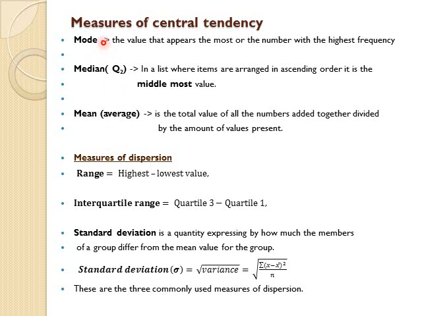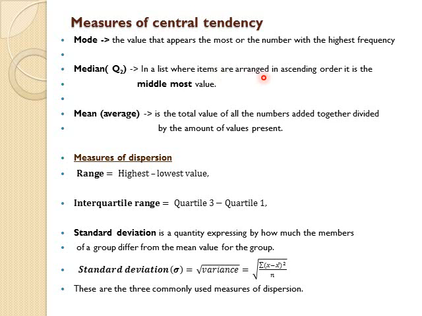Right, mode: what value appears the most, or in short we would say the number with the highest frequency. Median: if we arrange numbers in a list from smallest to biggest, the number that appears exactly in the middle is referred to as the median.